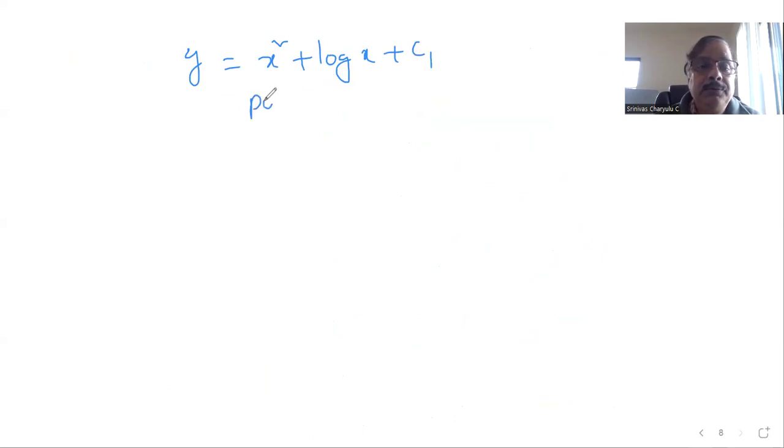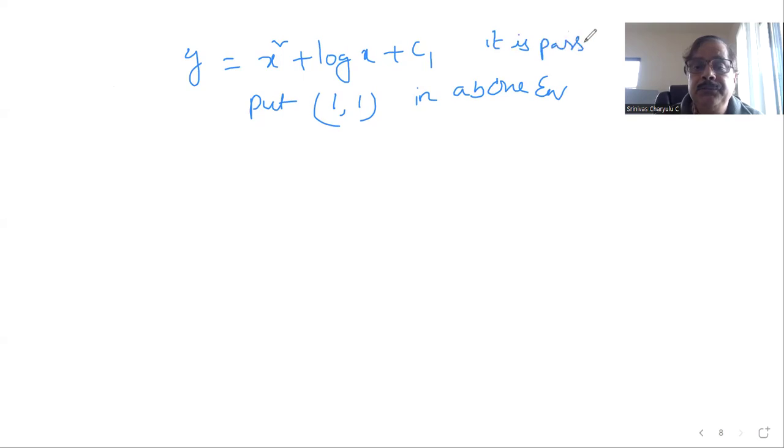Now put 1, 1 in the above equation. Why? Because this is the curve passing through 1, 1.